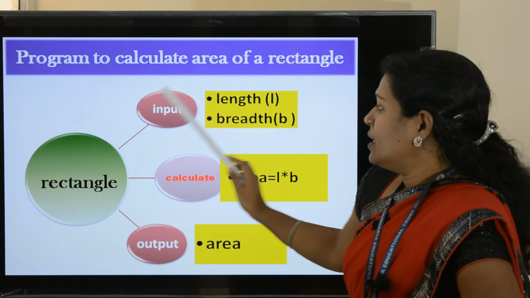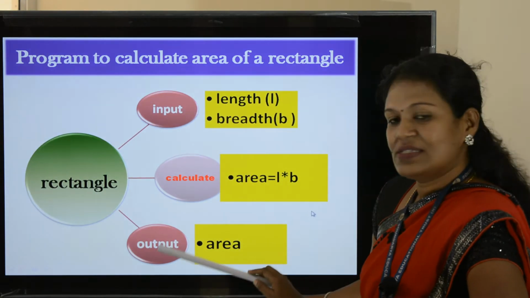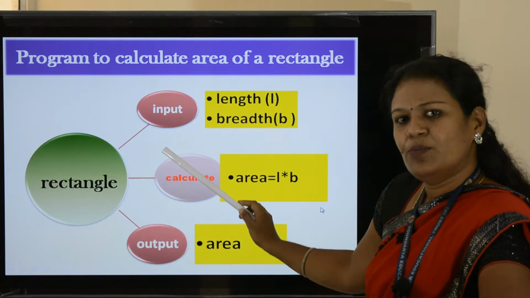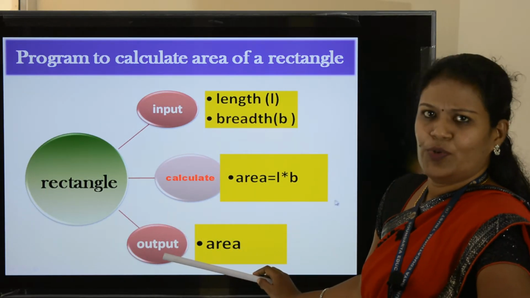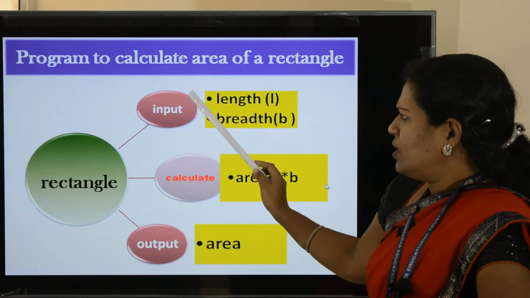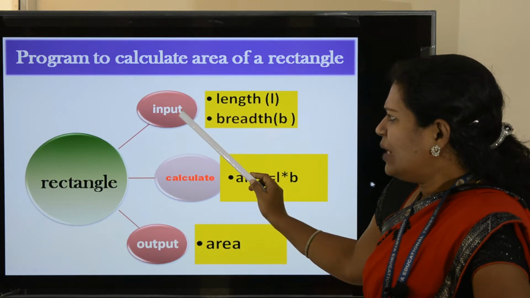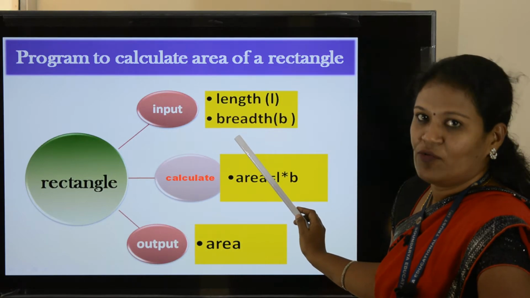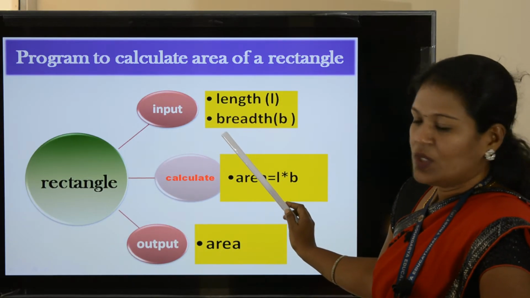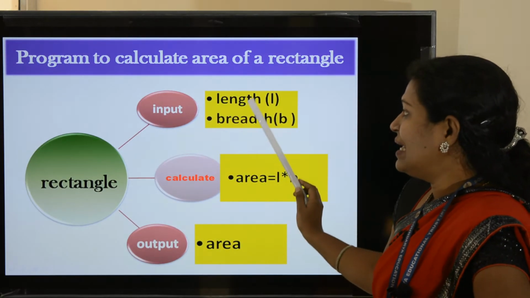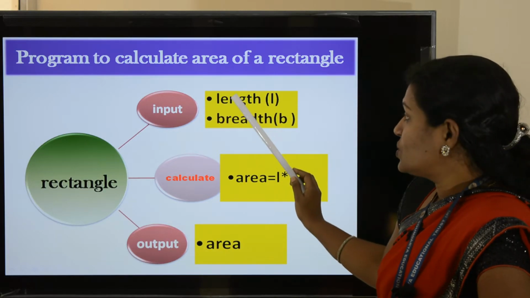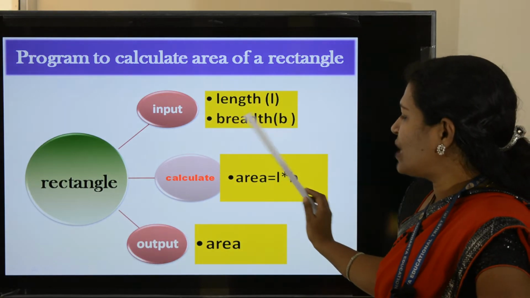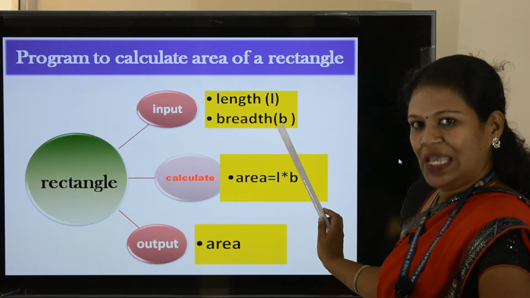Then three functions are here. Which are the three functions? Input, calculate, output. With the input function you can give the length and breadth of the rectangle. So length I am using the variable L and breadth I am giving the variable B.